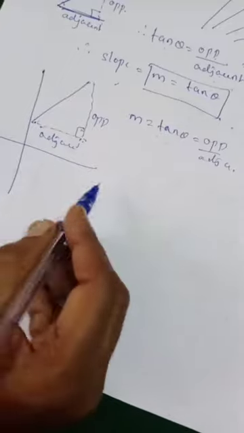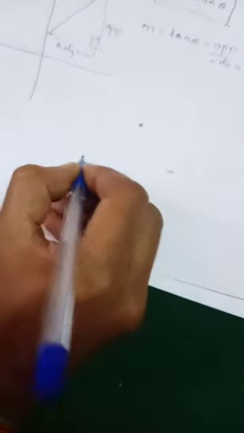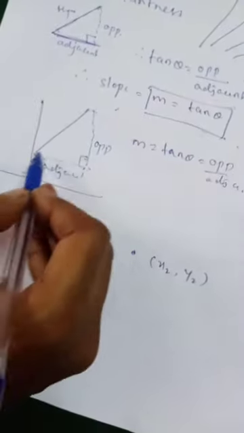Suppose there are 2 points I have taken here. Any 2 points, name them x1, y1 and x2, y2. So these are the 2 points. We know this slope when we know the inclination.